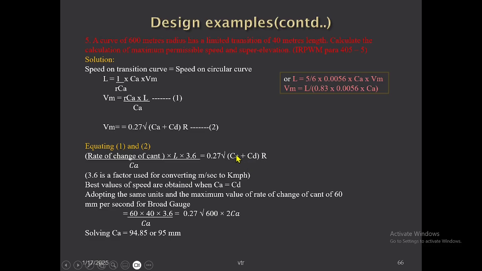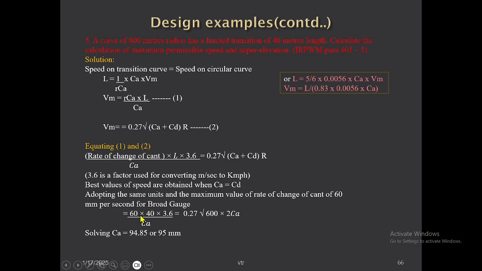For optimization, as usual, we take Cd equal to Ca. In that case it will become 0.27 into root of 2Ca into R. As already told, they have taken 60 mm per second for broad gauge, the maximum rate of change of Cant actual permitted, since there is a restricted length of transition.